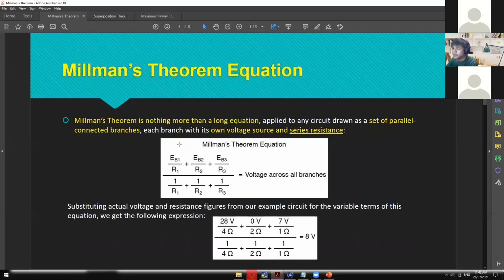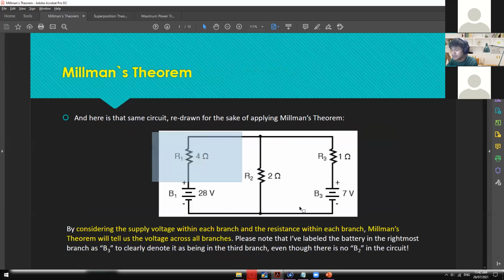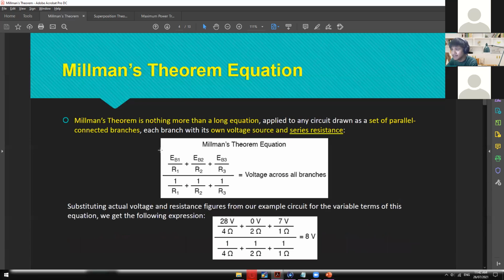Okay, so here's the formula that you guys need to memorize. This is one easy theorem also, because all you need to do is memorize this formula, and then you have this kind of circuit and can apply the formula. It's super easy to memorize.